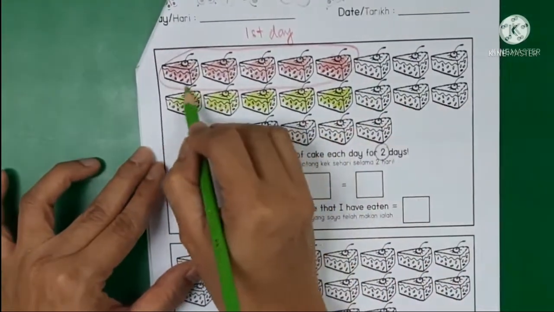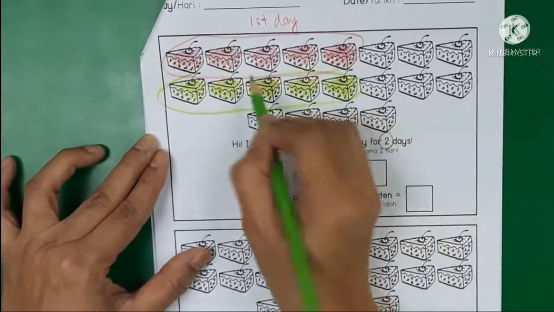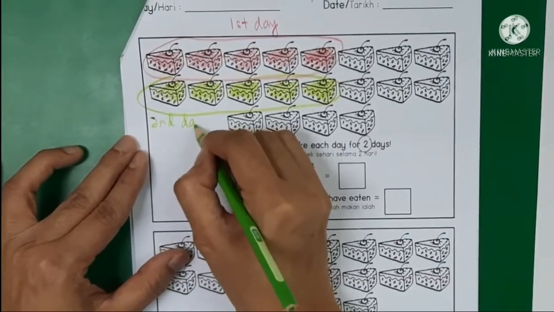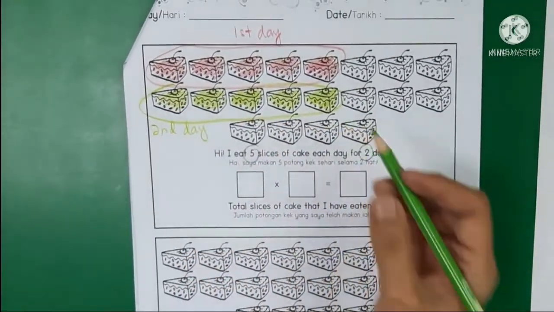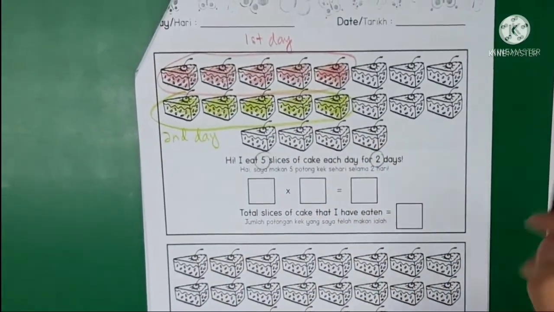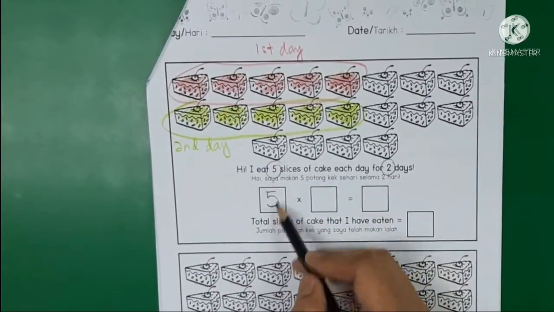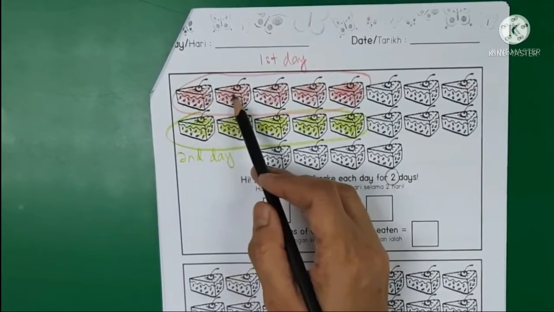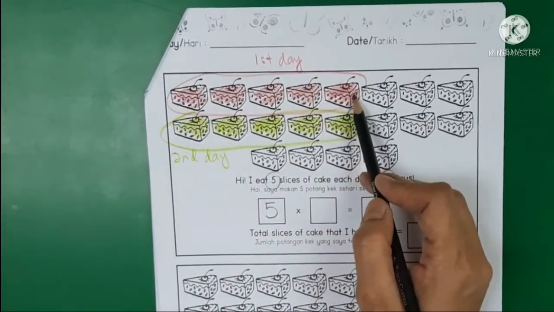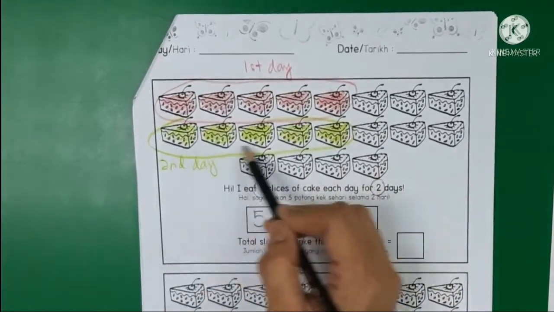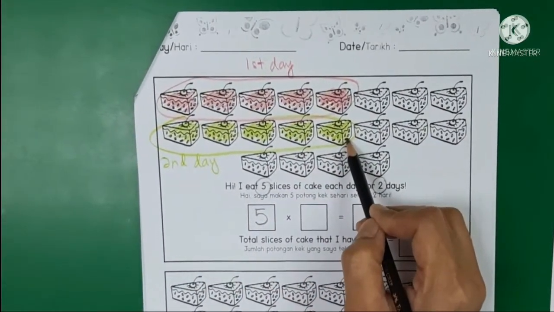These are the 5 slices of cake that I ate on the second day. So basically, I ate 5 slices of cake, 1, 2, 3, 4, 5, for 2 days. Day 1 and the second day.